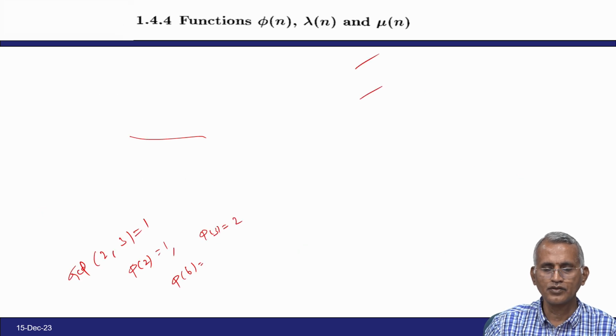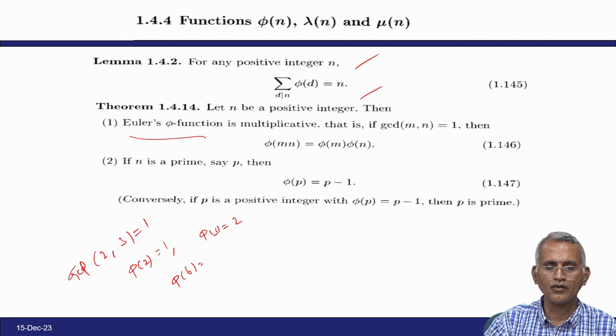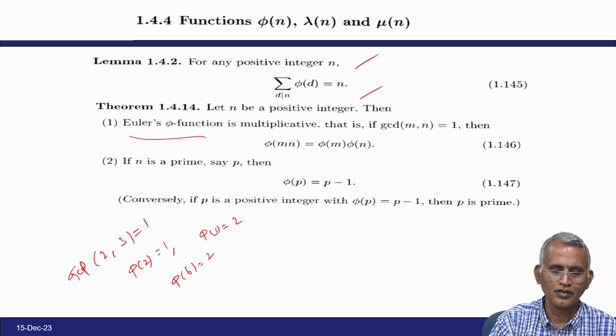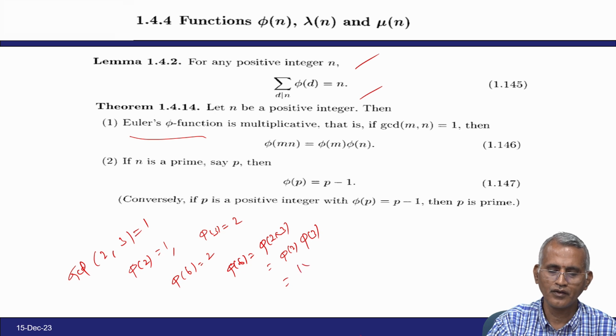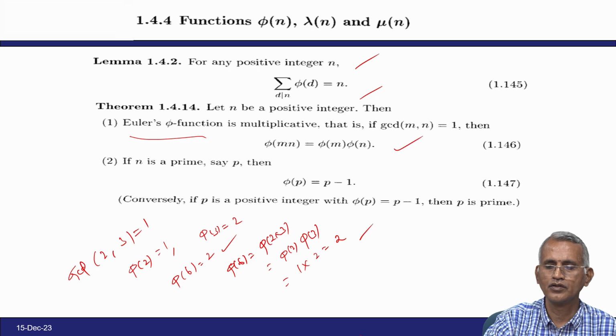Phi of 6 can be written as phi of 2 into 3, which equals phi of 2 into phi of 3. Phi of 2 is 1, phi of 3 is 2, so the net value is 2. This way we can express phi of mn equal to phi of m into phi of n.